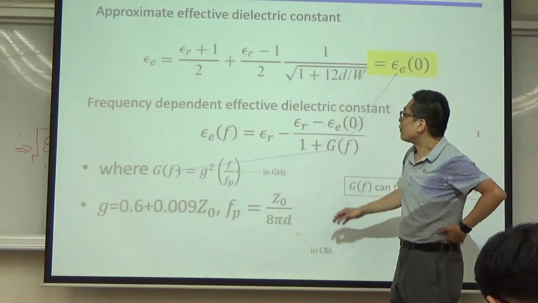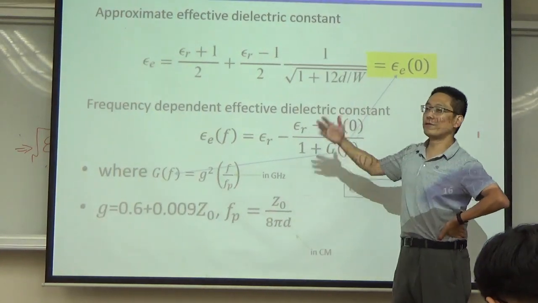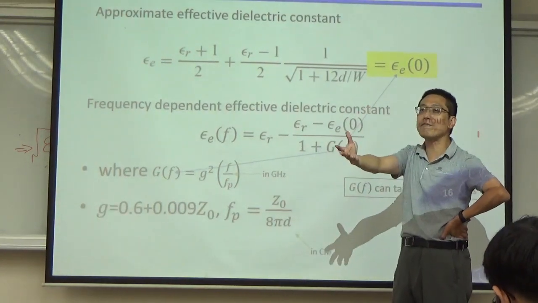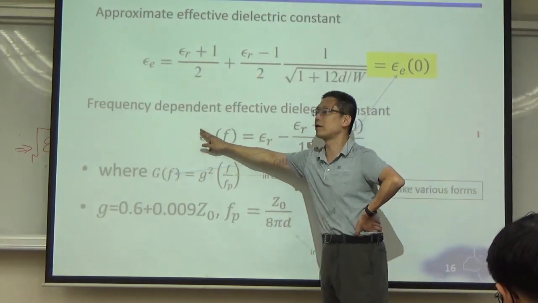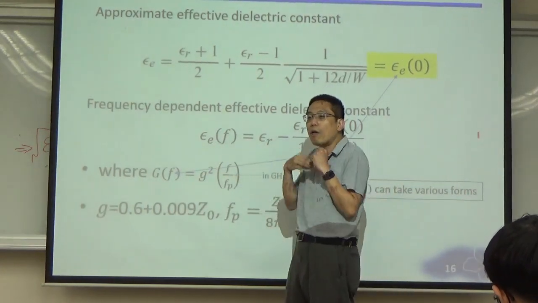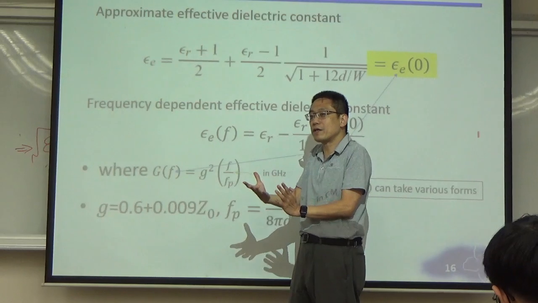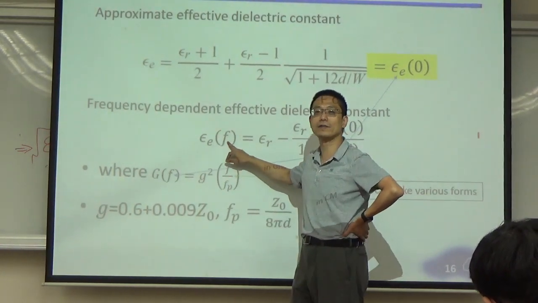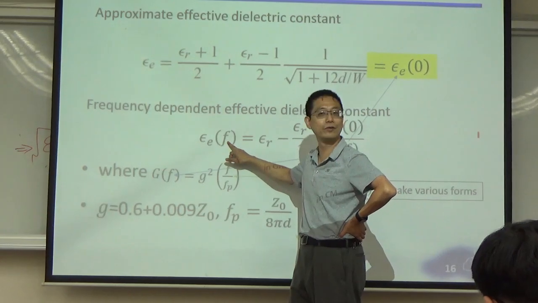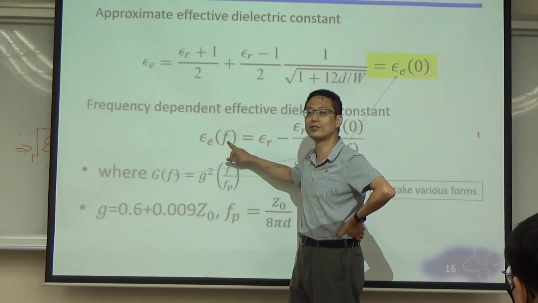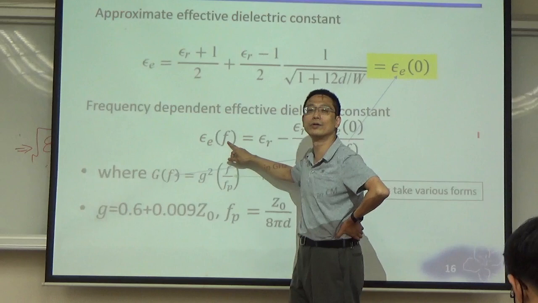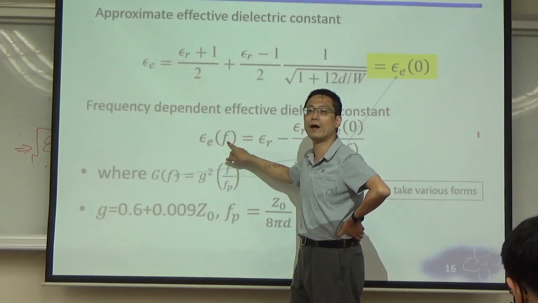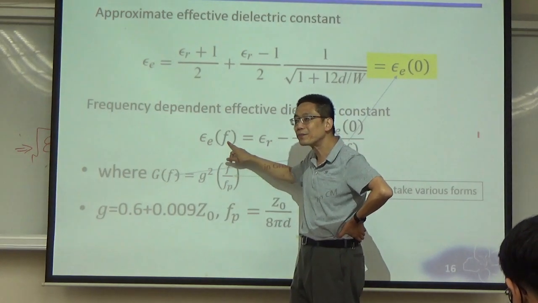So, Toza gave you another equation of epsilon E, more accurate, epsilon E changing according to frequency. I will not ask you by this one, it's too much. But I need to tell you the truth. What you learned so far is just not enough.